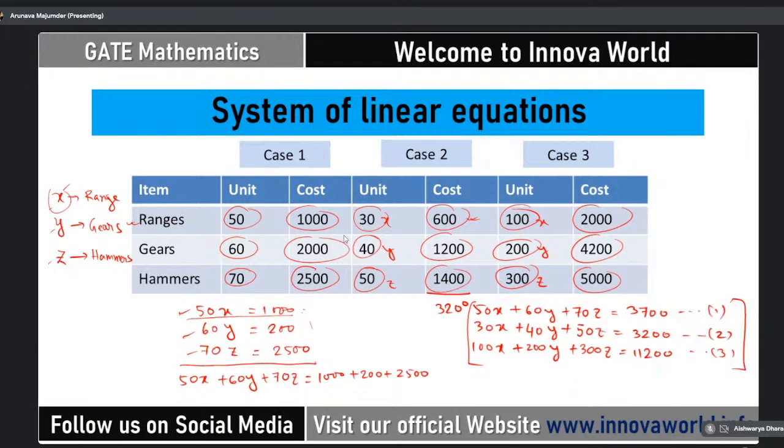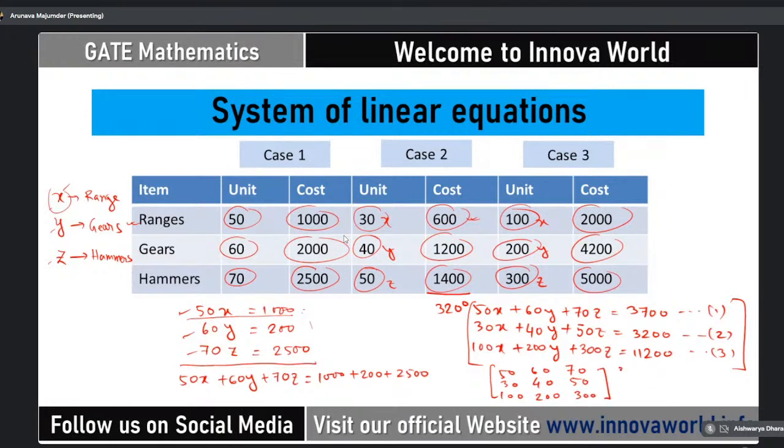So what is the coefficient matrix here? 50, 60, 70, 30, 40, 50, and 100, 200, 300.